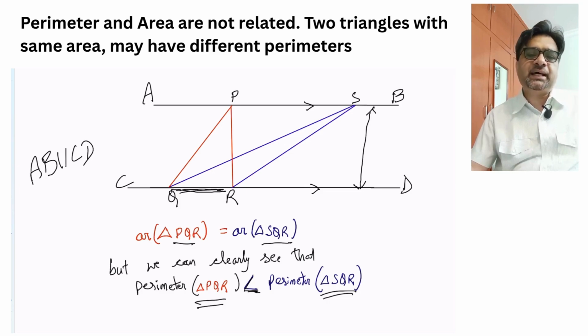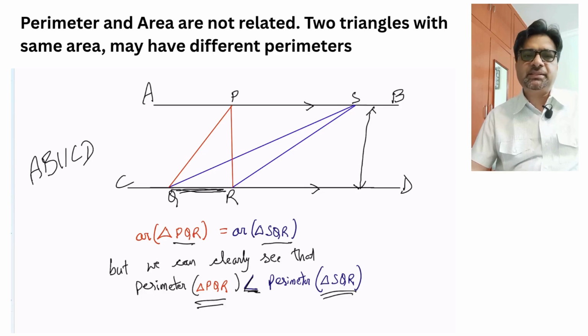So what we see is that even though the two triangles are equal in area, their perimeters are different. So perimeter is not really impacted by area. Two triangles having same area may have different perimeters.